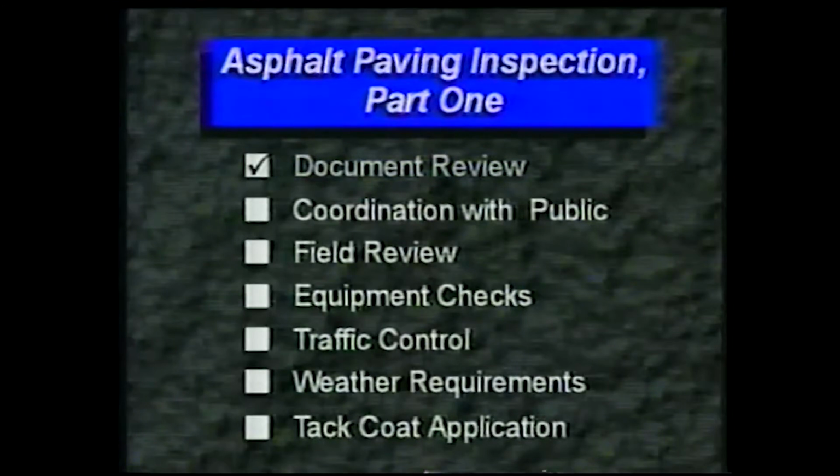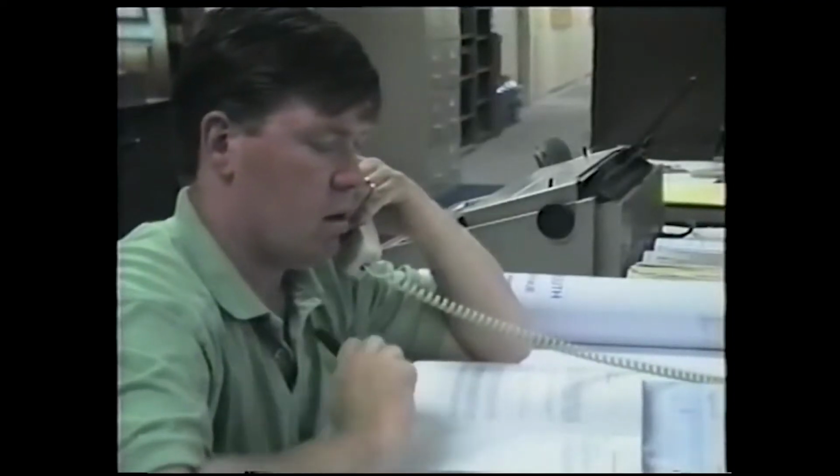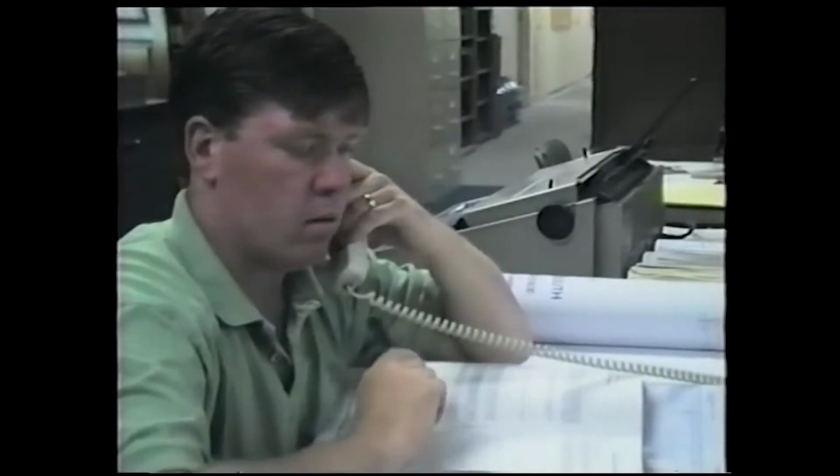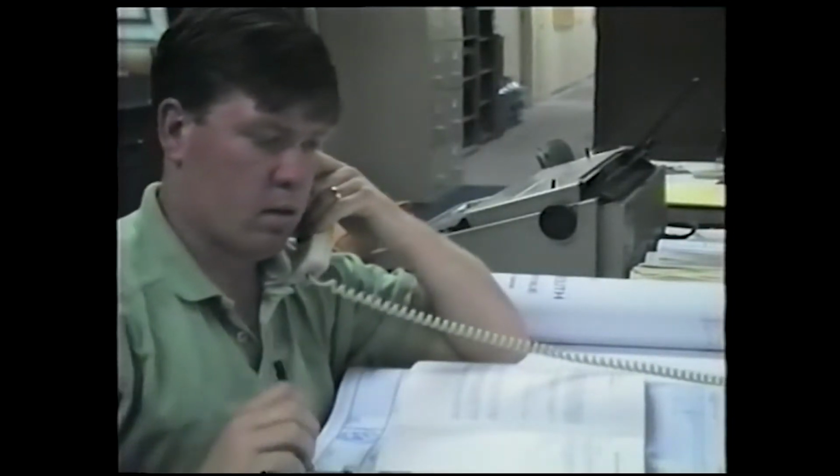After reviewing all the project documents, find out what plans have been made to coordinate the paving operation with the utilities, businesses, and residents who will be affected. As necessary, utilities may have to be notified early so that arrangements can be made to adjust manhole elevations.